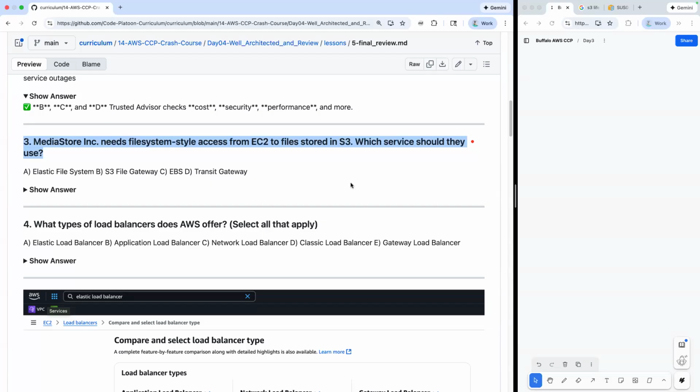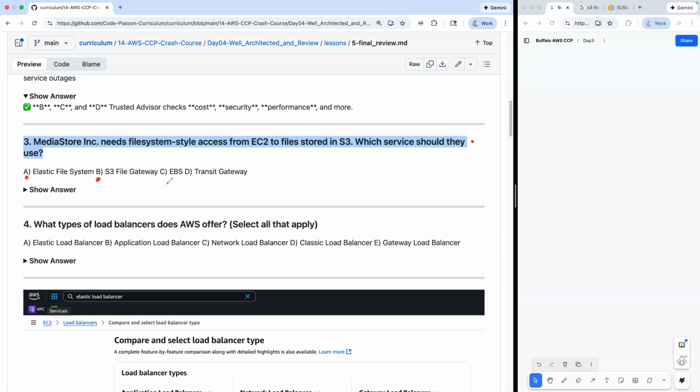Okay, EC2 is just a normal instance. S3 has to do with file storage, I think. All right, so Elastic File System, possibly. S3 File Gateway has to do with S3, so I'd say possibly. EBS.